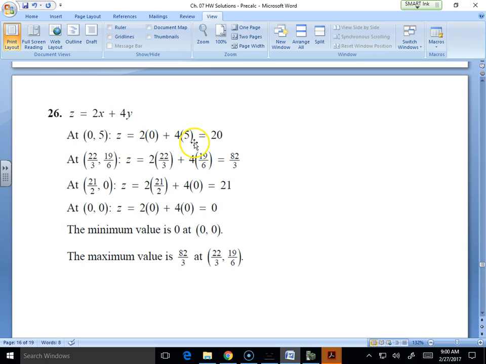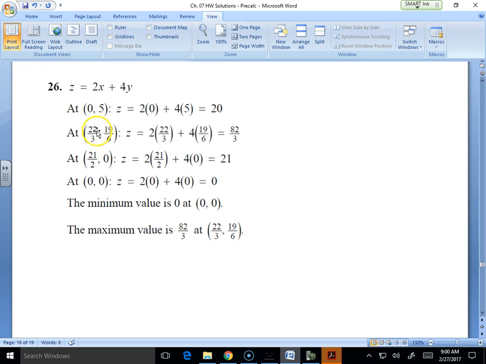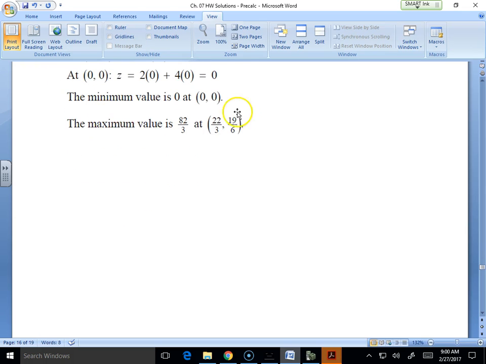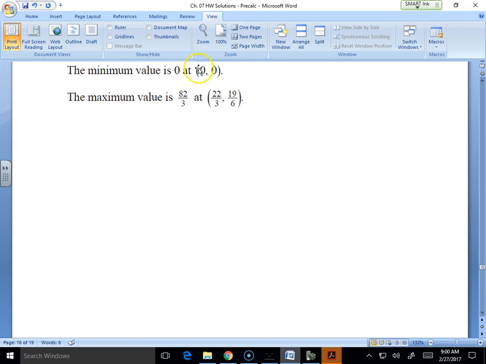Sometimes it's easier, remember, just to graph the lines and then figure out the shading on your own. Vertices were (0, 5), (22/3, 19/6), (21/2, 0), and then (0, 0). When you test them, you got the minimum value at (0, 0), the maximum value at (22/3, 19/6).